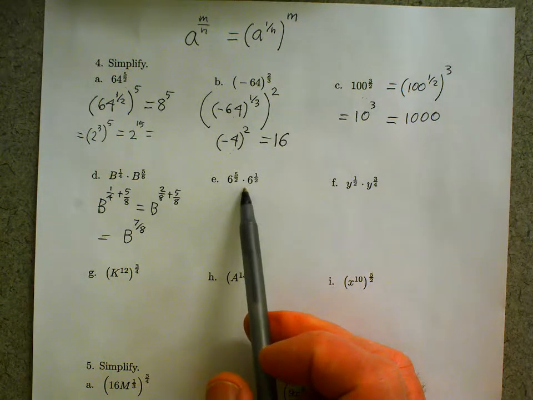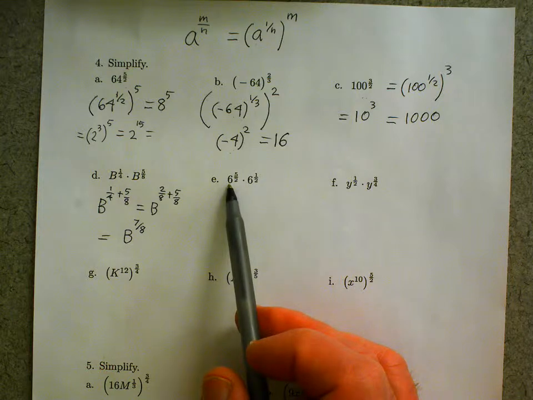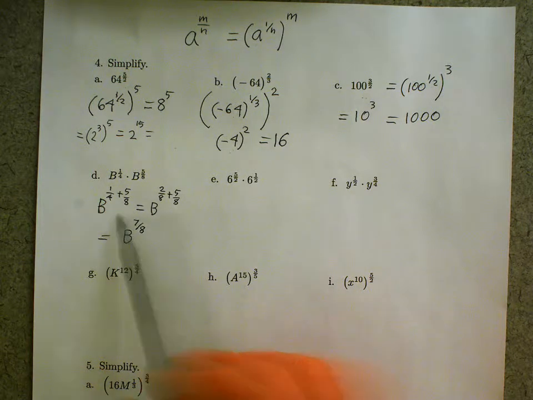The next one, 6 to the 5/2 times 6 to the 1/2. So the same properties that were in the previous one will apply here.